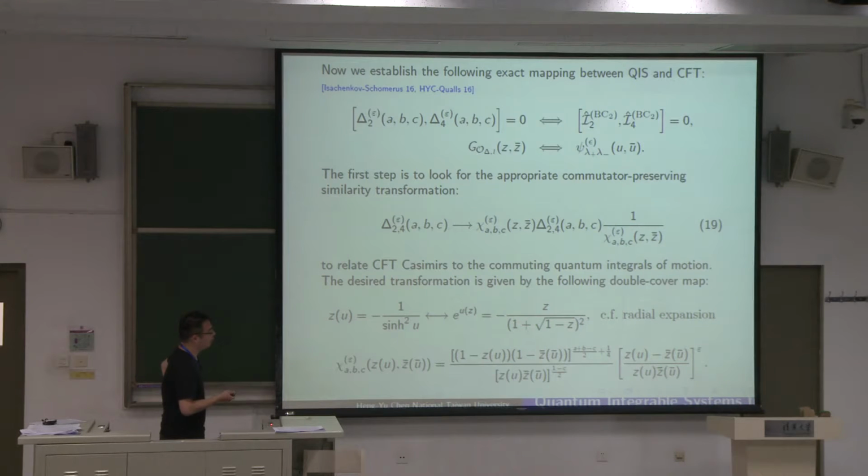Or in a way, this is also very similar to the Joukowsky map, like Shota was talking about earlier. So that was the coordinate change you have to do. Now you plug in this kind of ansatz and solve your ordinary differential equation and try to match the form with the hyperbolic Calogero-Sutherland. Then you'll find that this is the desired similarity transformation we need to have.